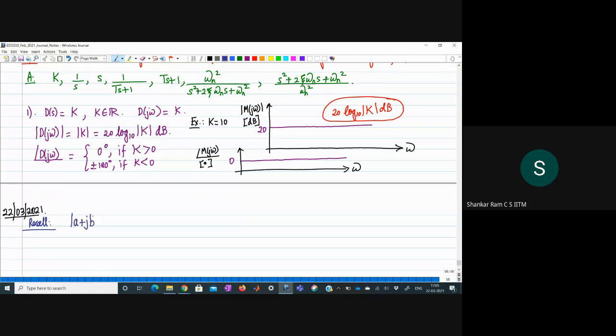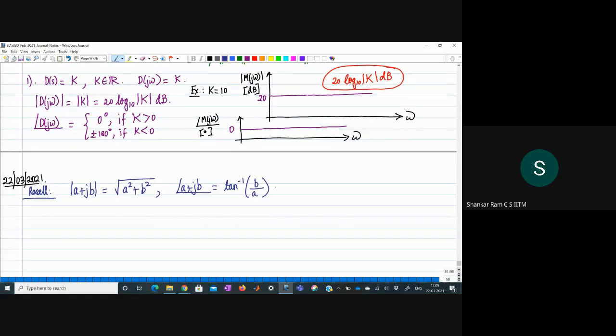If you take a complex variable a plus jb, its magnitude is going to be the square root of a squared plus b squared, and the phase of a plus jb is going to be equal to the tan inverse of the imaginary component divided by the real component. That's going to be one identity that we will use.